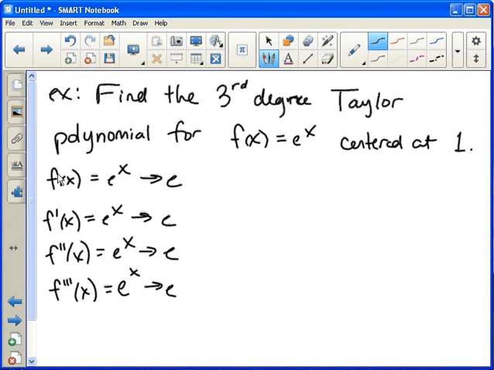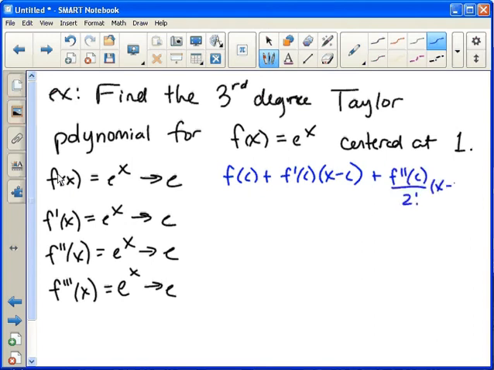Now our formula, again, is going to look like this. f of c plus f prime of c times x minus c plus f double prime of c over 2 factorial times x minus c squared plus f triple prime of c over 3 factorial times x minus c cubed.